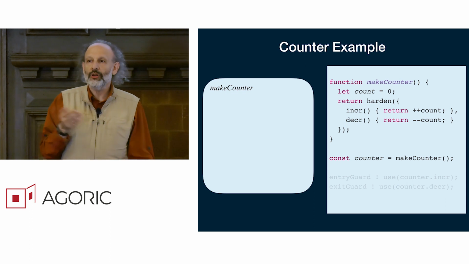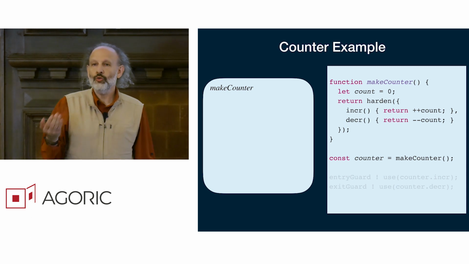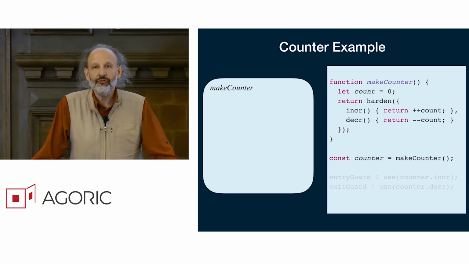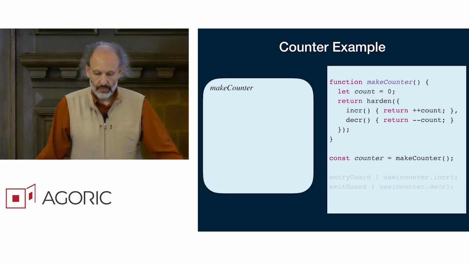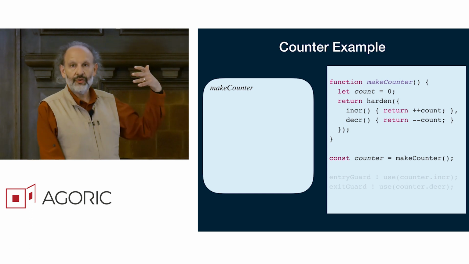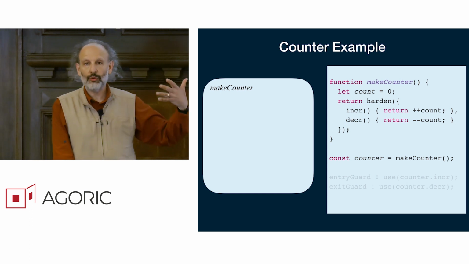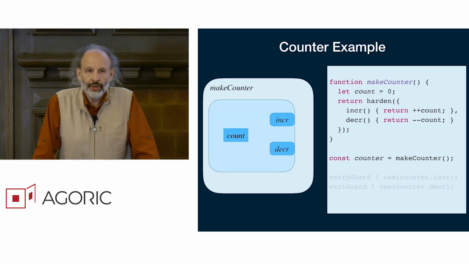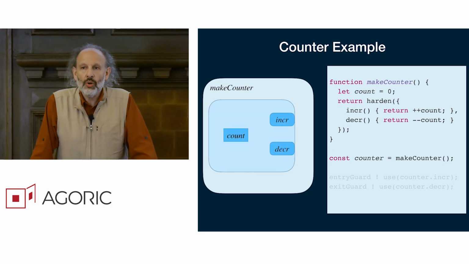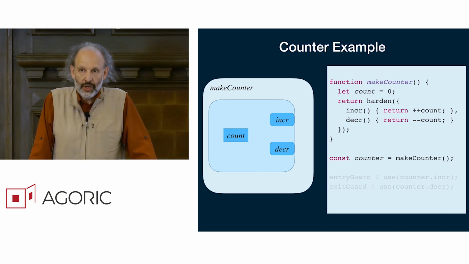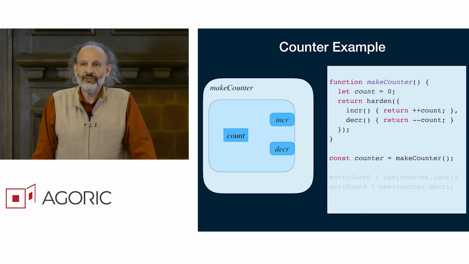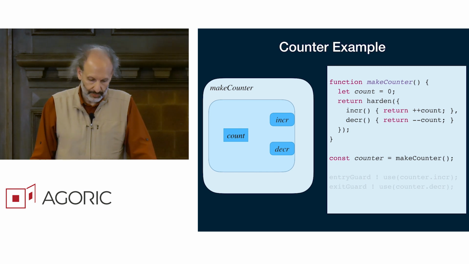Throughout the talk, I'm only going to be making use of two main abstraction mechanisms in JavaScript, the function and the record. Over here, we have a function called makeCounter on the outside. And every time it's called, it creates a new record with an inker and decker method and a new count variable, which is effectively the instance variable of this object.